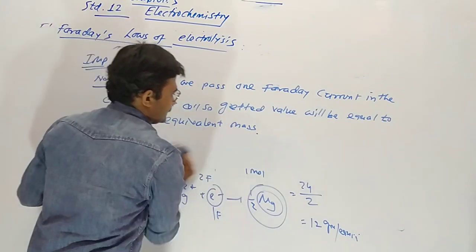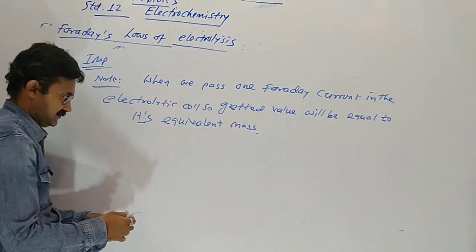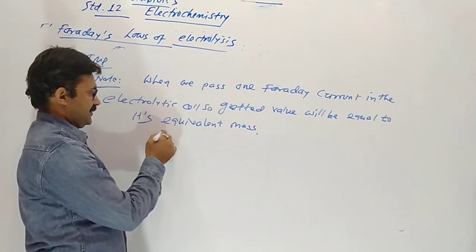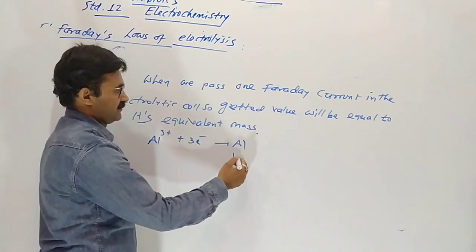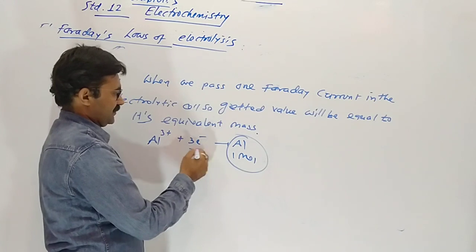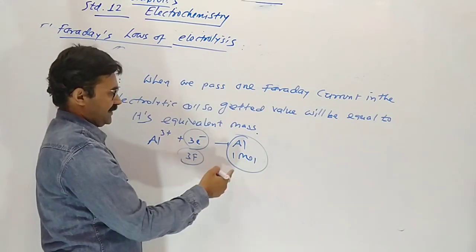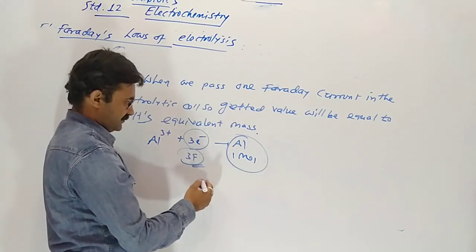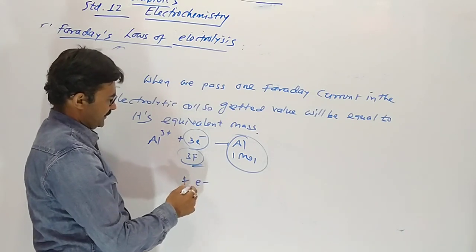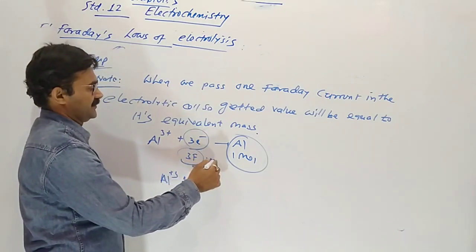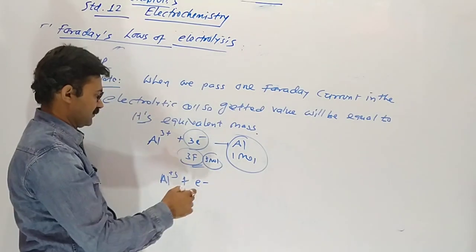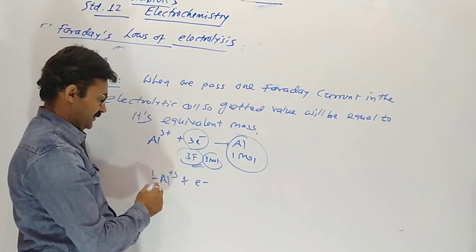Now for aluminium, Al3+ gains 3 electrons, gives aluminium. For getting 1 mole, 3 Faraday are needed, and we are passing 1 Faraday. Listen carefully: 1 by 3.